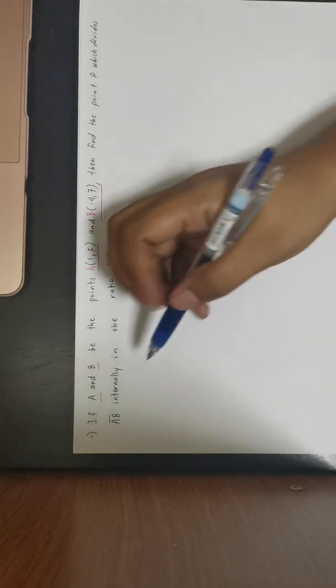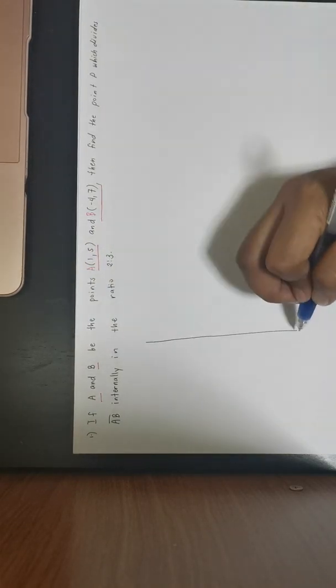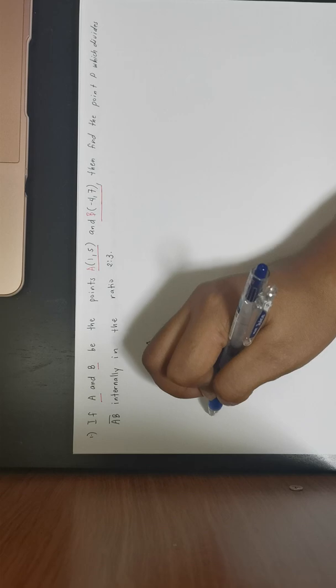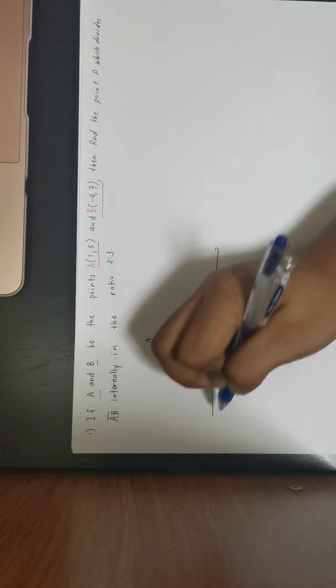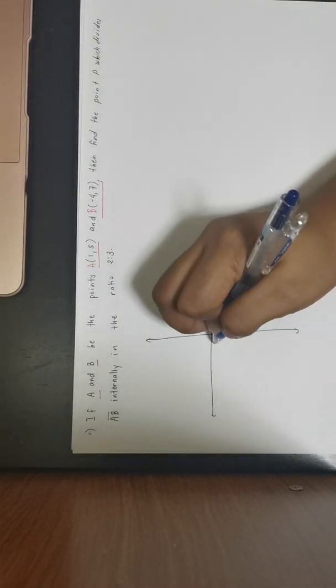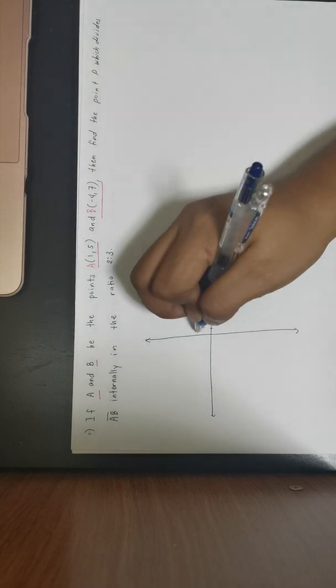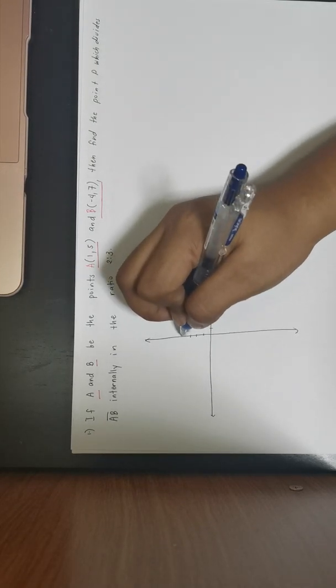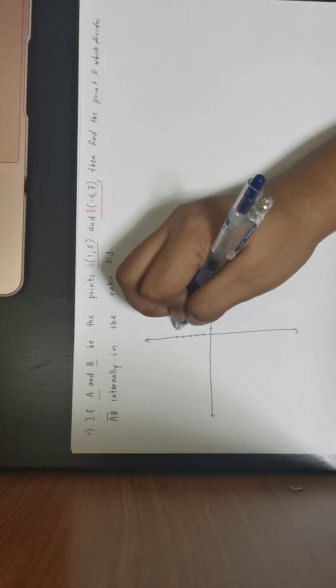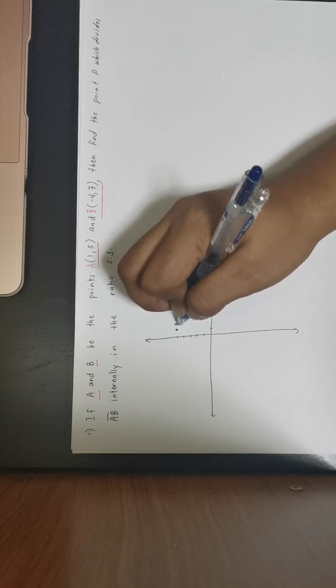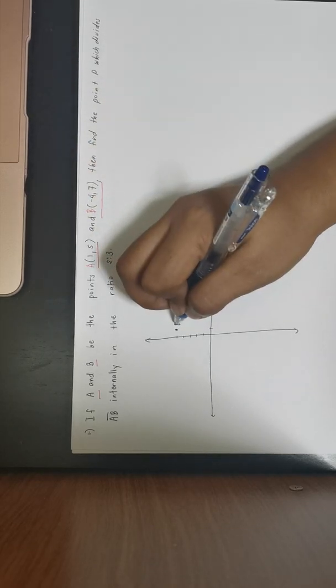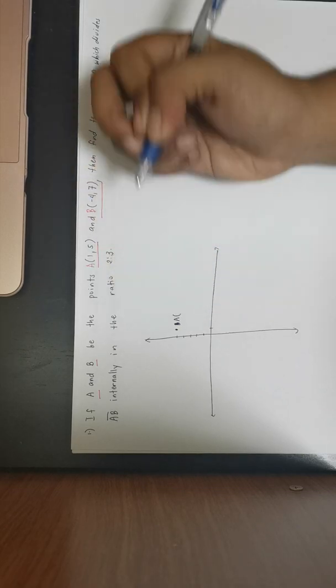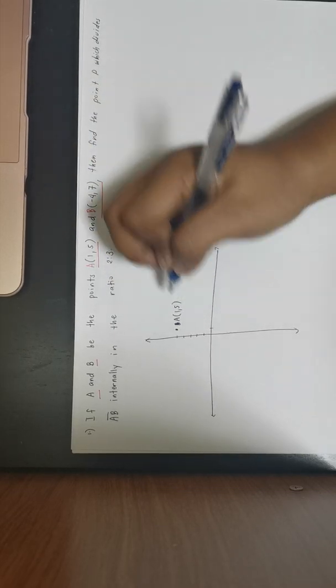So let us plot the points in a Cartesian plane. This is where point B lies. No, sorry, this is point A, (1, 5).